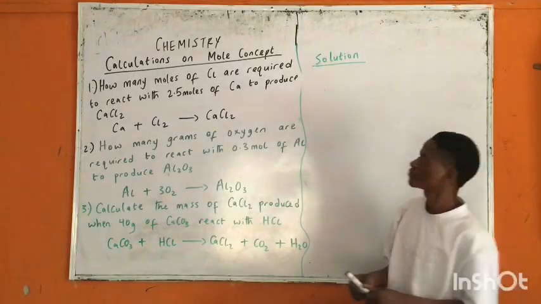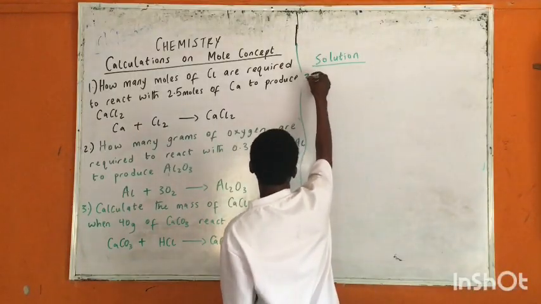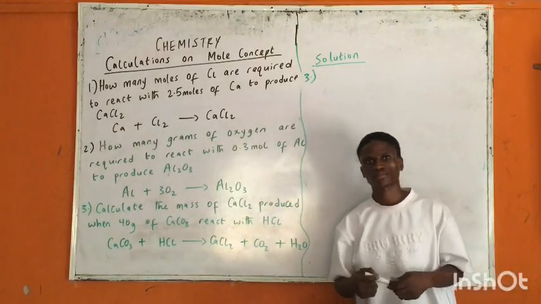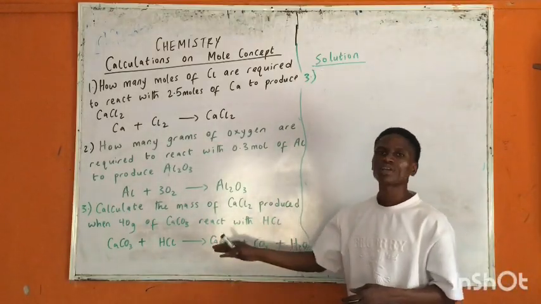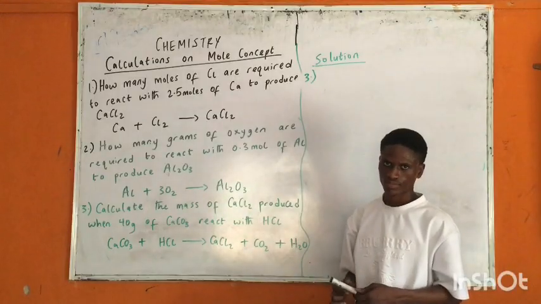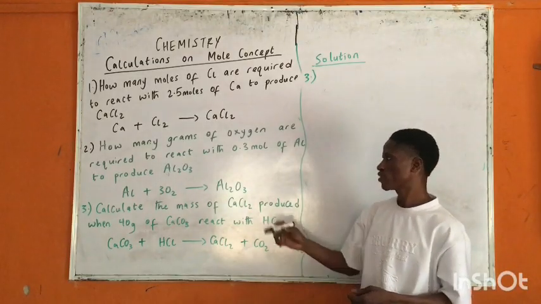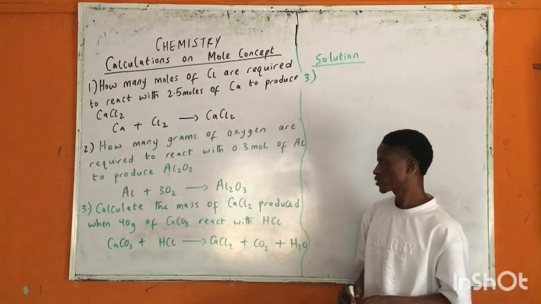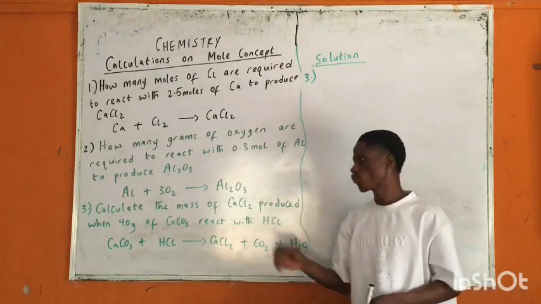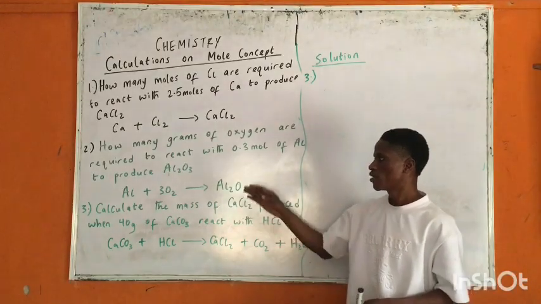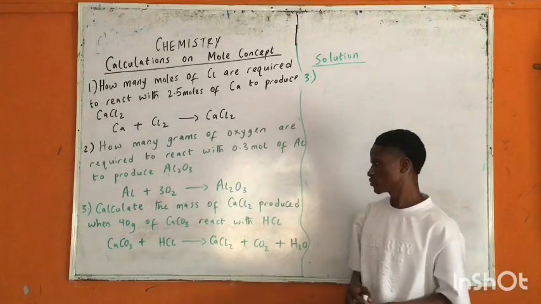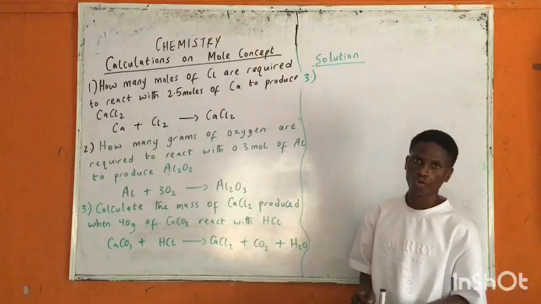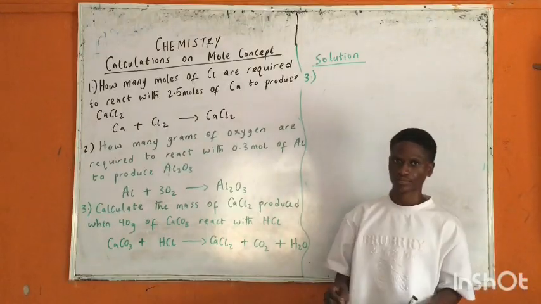Number 3 now. Number 3 says to calculate the mass of calcium chloride produced when 40 grams of calcium carbonate reacts with hydrochloric acid.